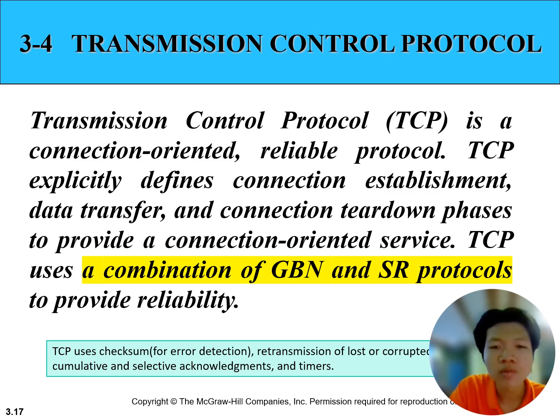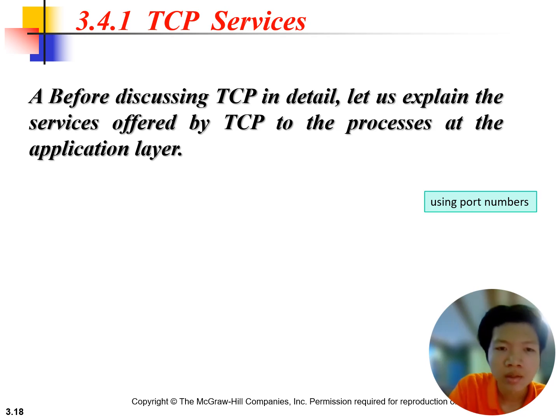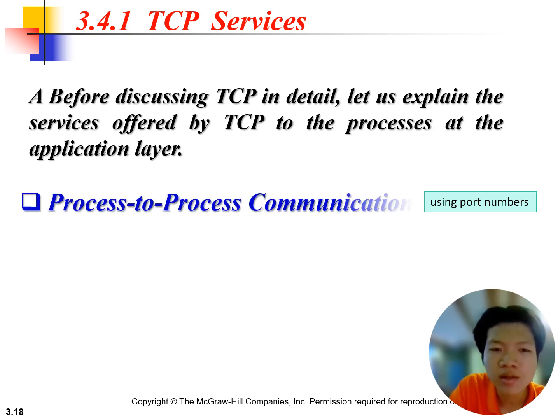To provide a connection-oriented service, TCP uses a combination of GBN and SR protocols to provide reliability. Before discussing TCP in detail, let us explain the services offered by TCP to the processes at the application layer.